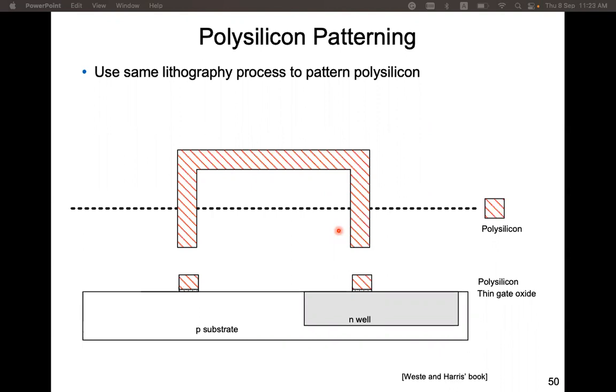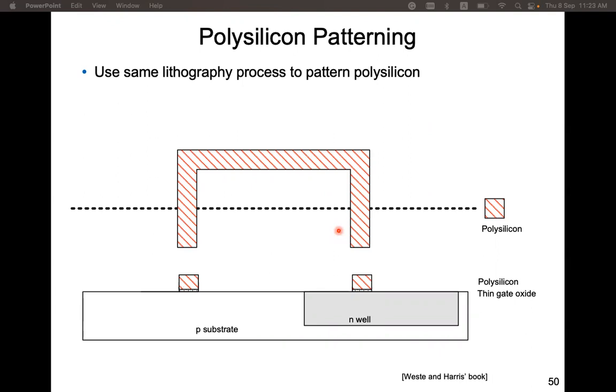And some of you may argue that why we don't form the diffusion region first, the drain and source region first. I said before that we create regions from bottom up. The drain source regions are below the gate region.